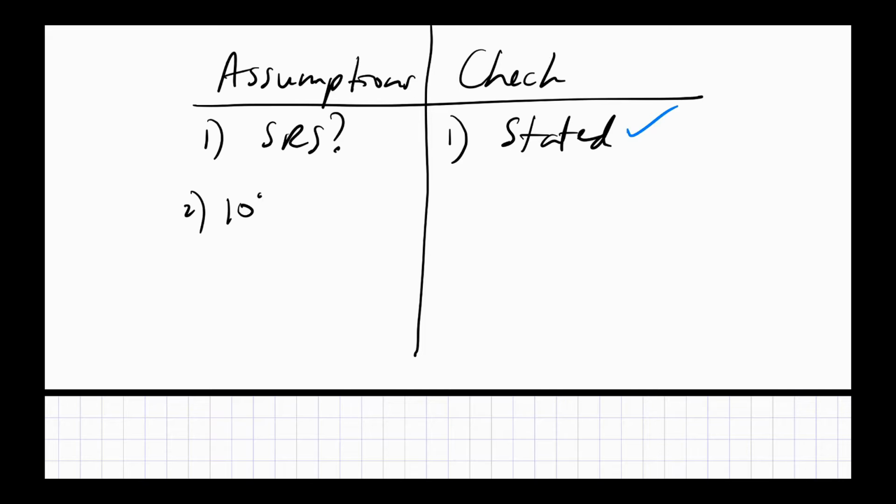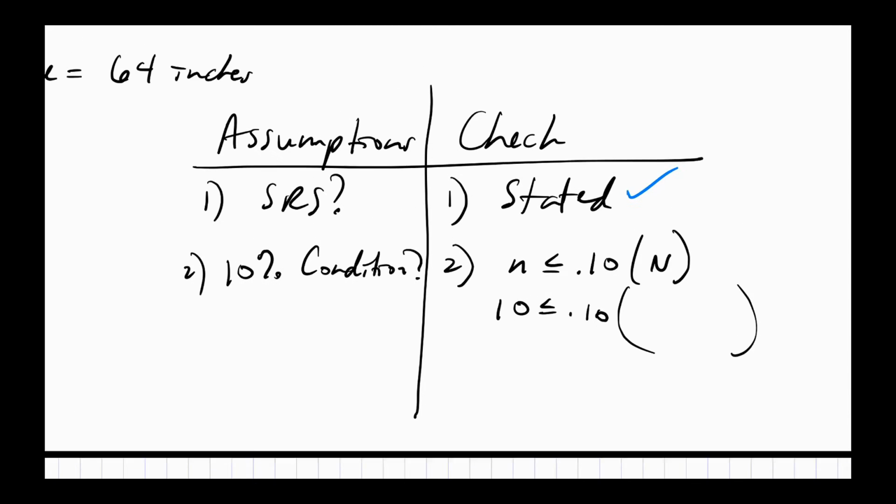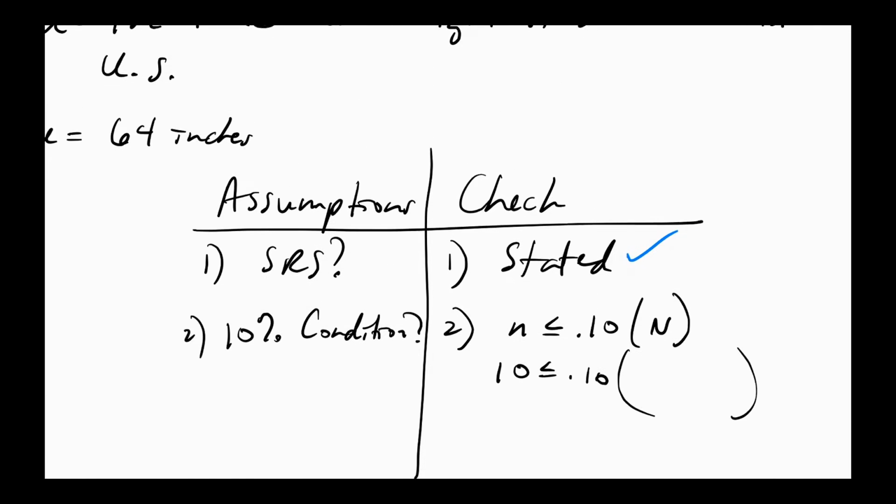Next one is the 10% condition. That one says that n is less than or equal to 10% of big N. N is 10 for this one. Do we have a number for big N? No, we don't. So how would we describe big N in words? Yep.